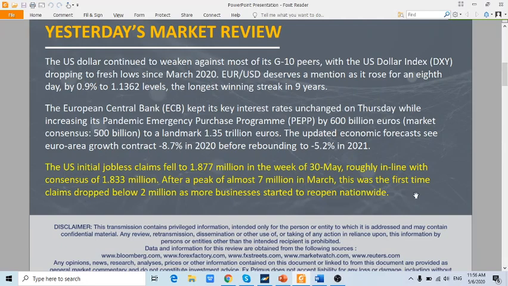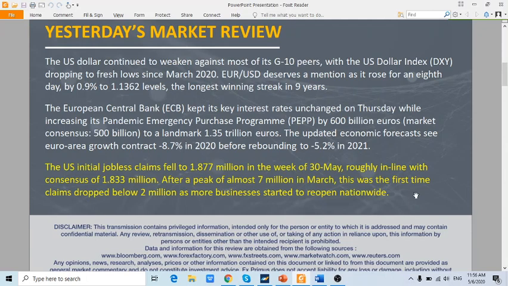They are looking to boost their pandemic emergency purchase program by 600 billion euros, where markets were expecting them to increase it to only 500 billion. With this 600 billion euro increase, the emergency purchase program currently stands at 1.35 trillion euros total.